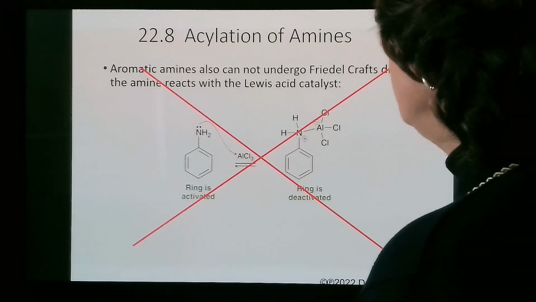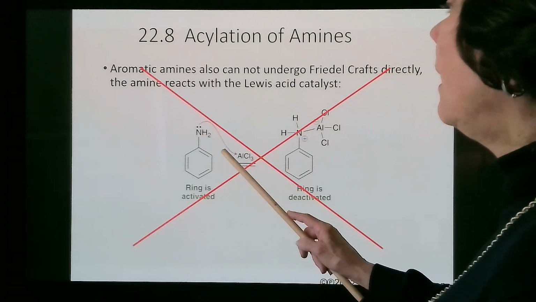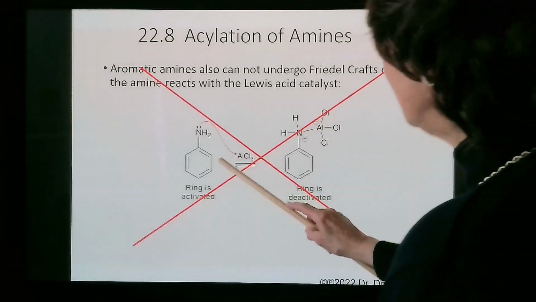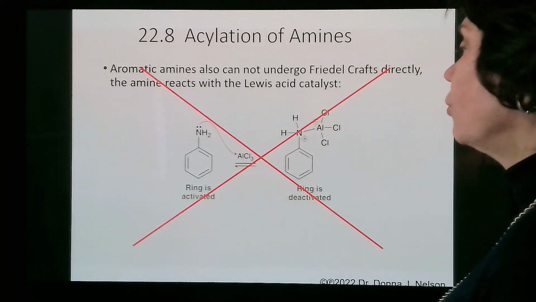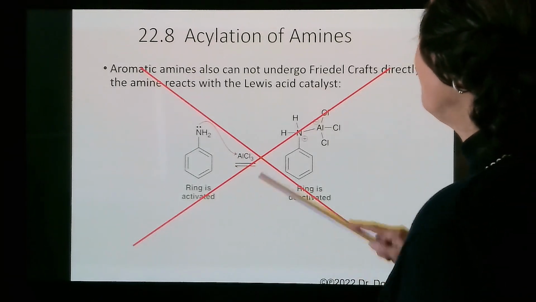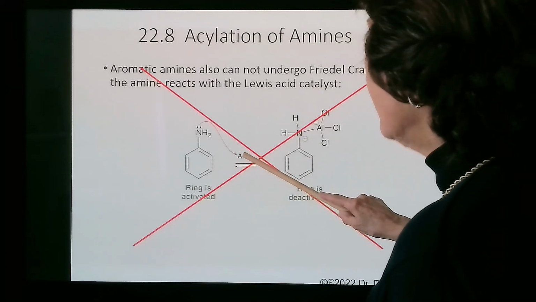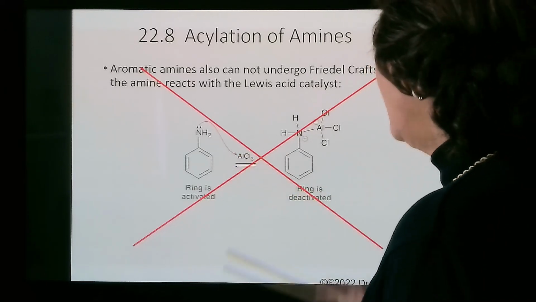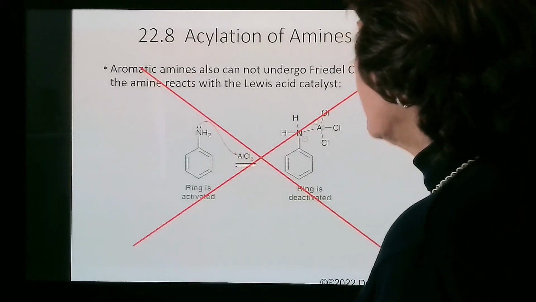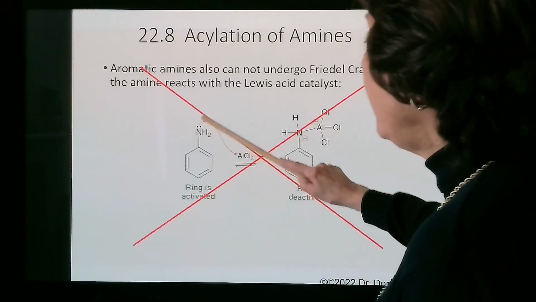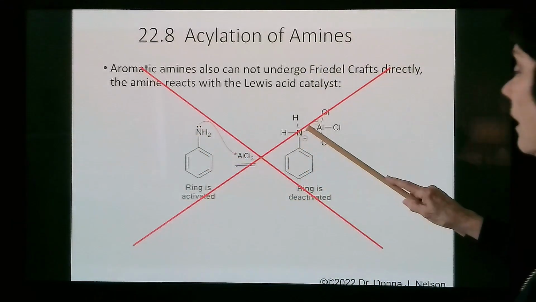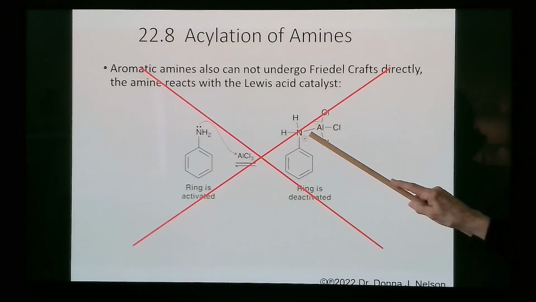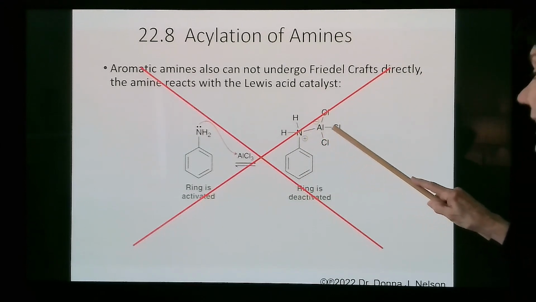Now another one, aromatic amines also can't undergo the Friedel-Crafts reaction directly. The amine complexes with the aluminum trichloride, and so here you have turned an activating group into a group that is deactivating.